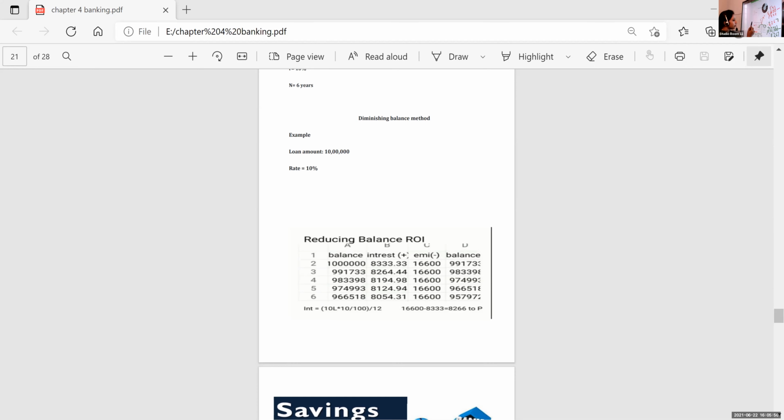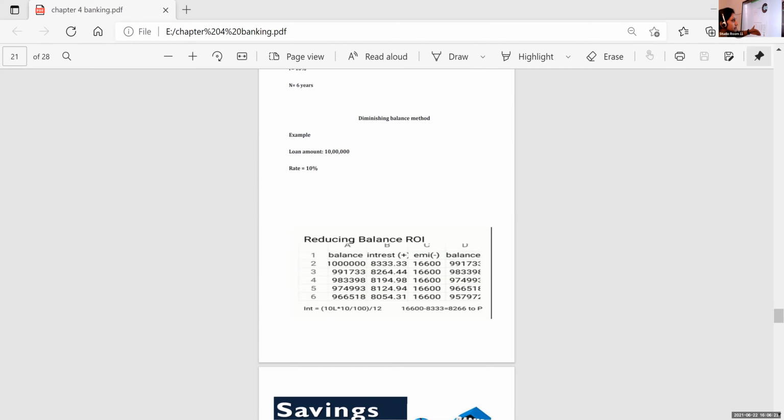To find out the portion to the principal amount, reduce 8,264 from 16,600. Likewise, this is the main point: the balance gets reduced, diminishes. That is a point to be noted. Finally, at the end of the loan period, the balance becomes zero.